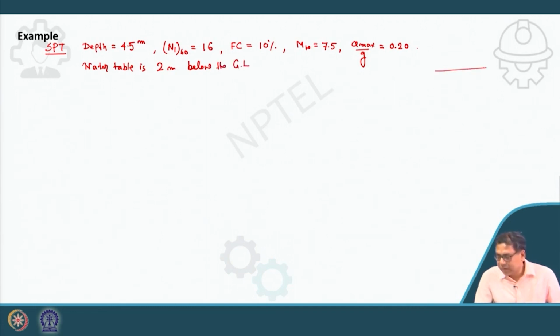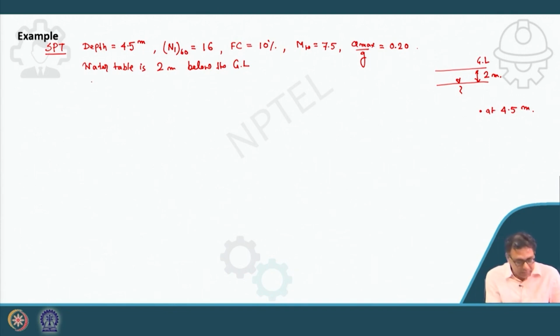That means this is the ground, this is the water table, it is 2 meter, and my site is here, at 4.5 meter. Here my location or depth is 4.5 meter on that site.